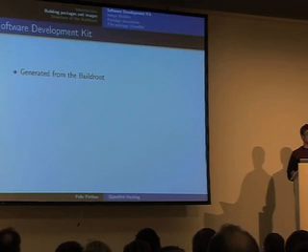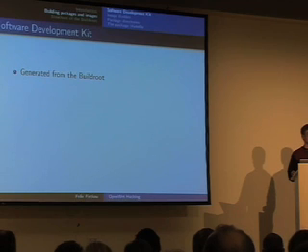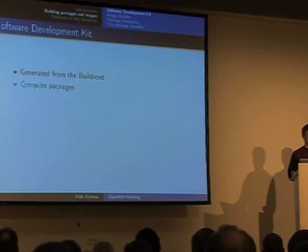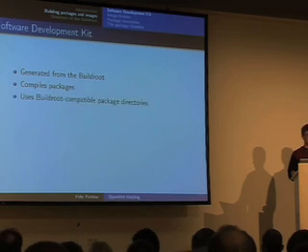Now to the developer tools that we provide for special cases. The first one is the software development kit. It is generated from the build root at build time if you select it in the menu configuration. And its main purpose is to just compile packages without all the hassle around. It contains a precompiled toolchain and all libraries, and it uses build root compatible package directories.